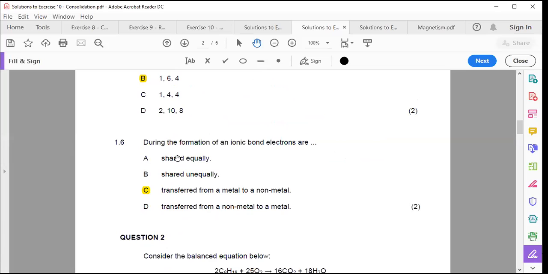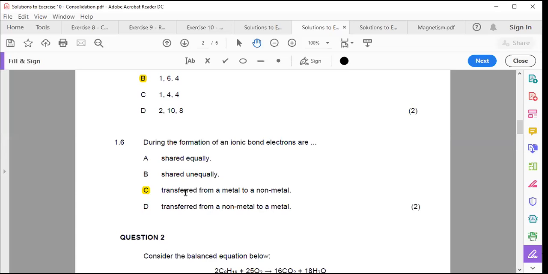Right, then we go to the last one, multiple choice. During the formation of an ionic bond, the electrons are... ionic bond, right? In an ionic bond, there is a transfer of electrons. So there's no sharing. So A and B are out. You are left with a transfer of electrons.